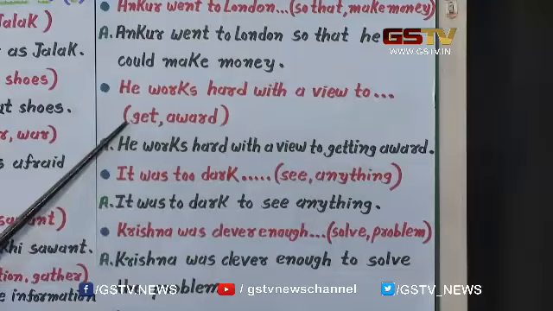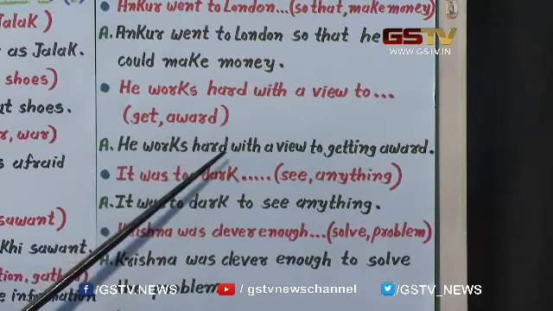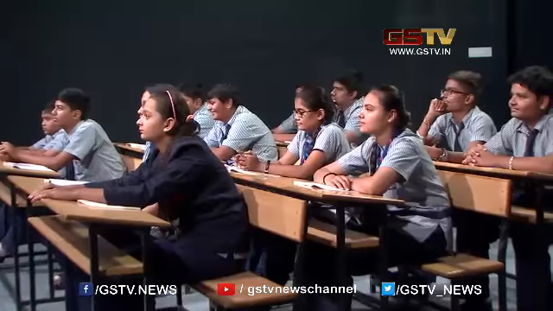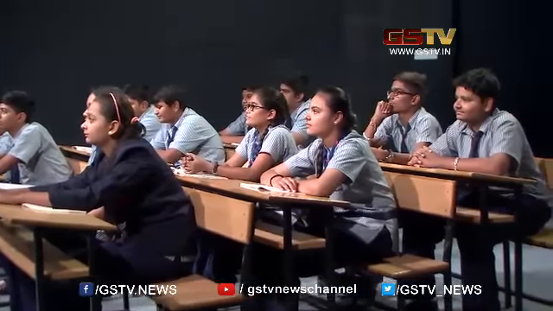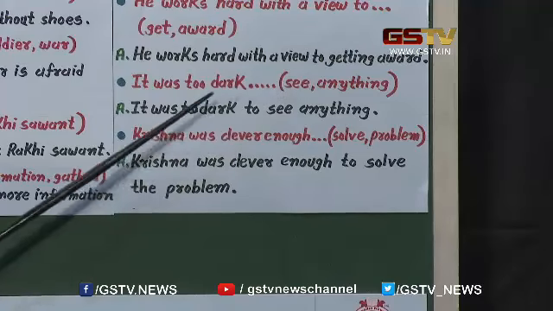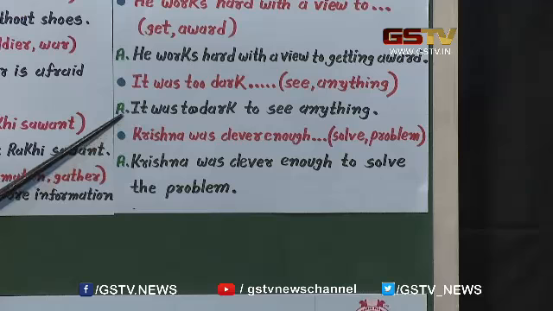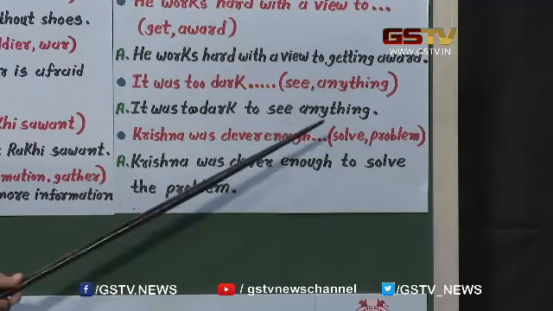See, in brackets you are getting two words, get and award. He works hard with a view to getting an award. It was too dark. As I told you, if you are getting too, please use to to complete the sentence, and your answer would be, it was too dark to see anything.